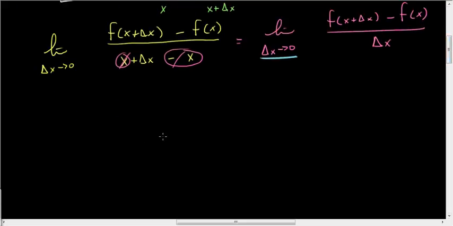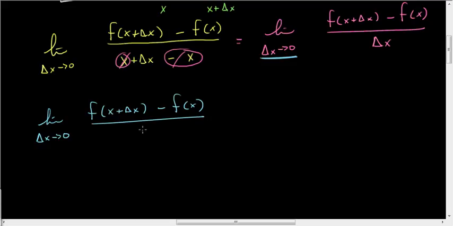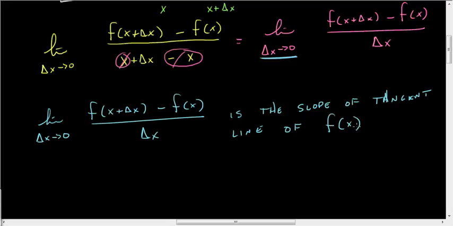So we call the limit as delta x tends to 0 of f of x plus delta x minus f of x all over delta x the slope of the tangent line of our original function. The slope of the tangent line.